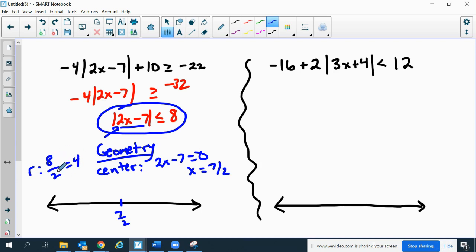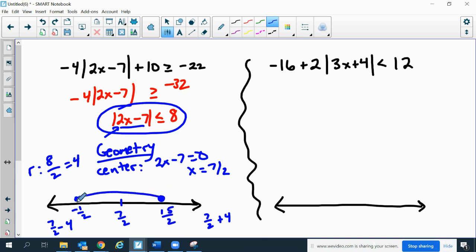So my radius is 4. So that means if I take 7/2 plus 4, center plus radius, and 7/2 minus 4, I'm going to end up getting the values that I need. So 7/2 minus 4 gives me negative 1/2. 7/2 plus 4 gives me 15/2.